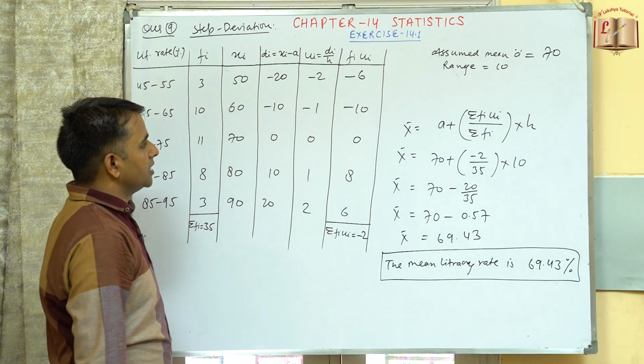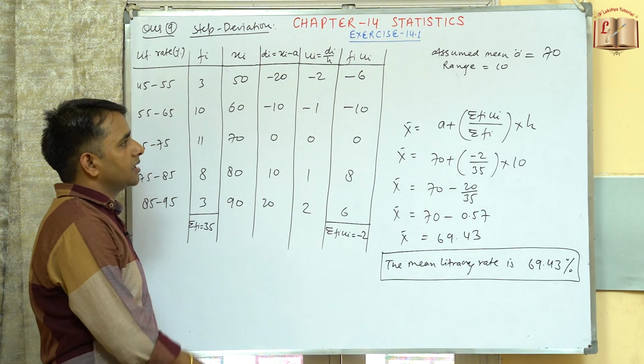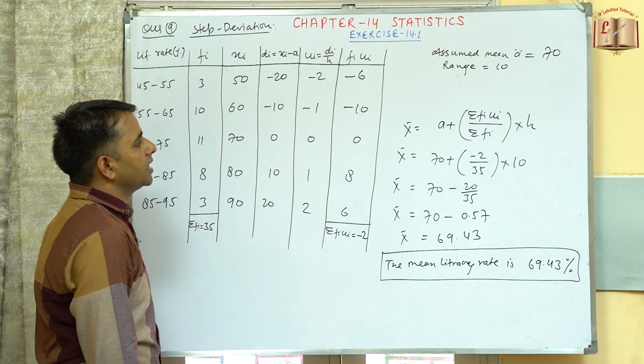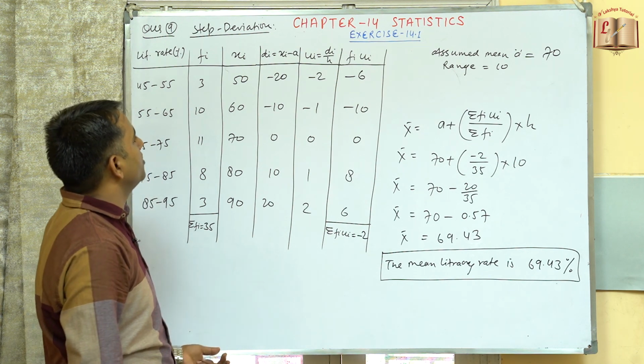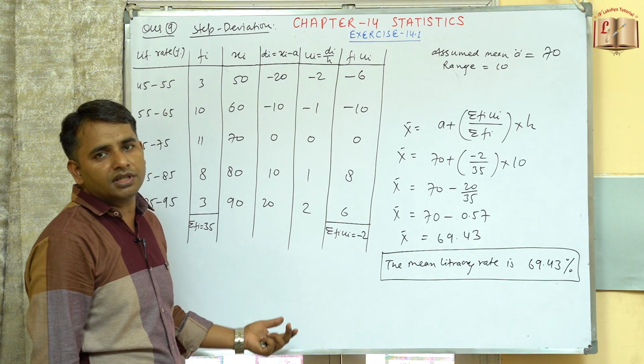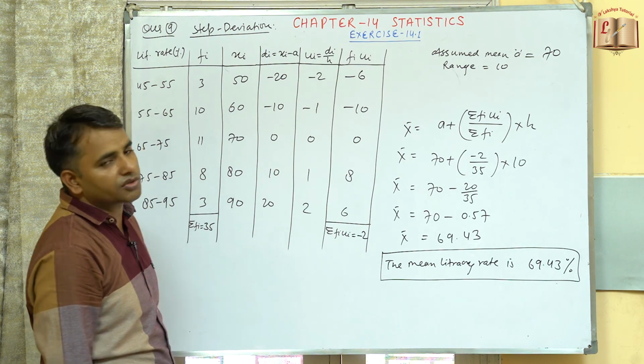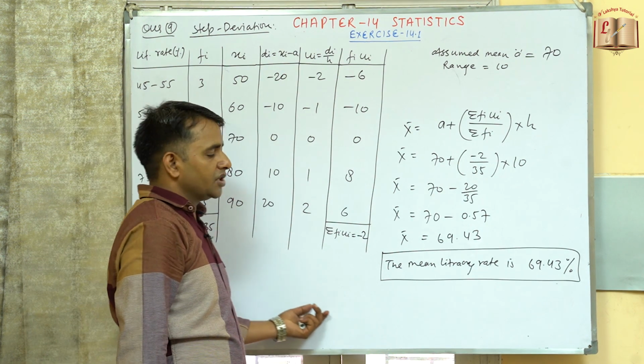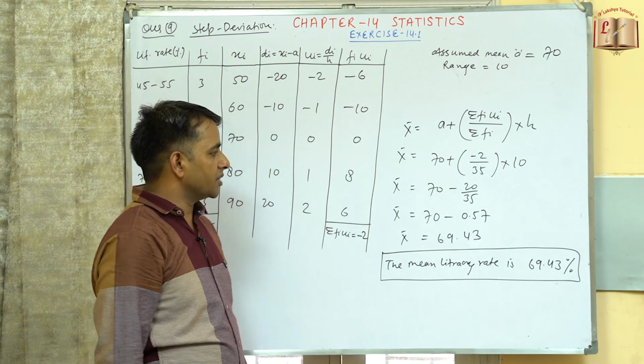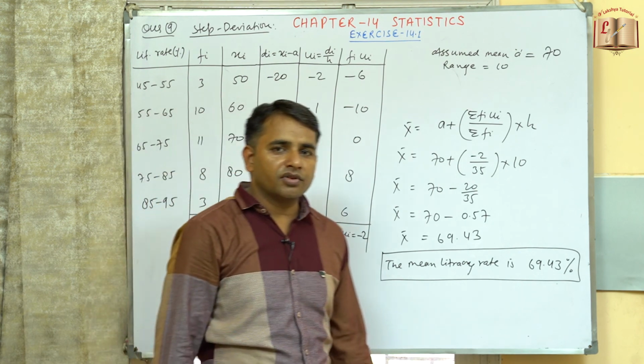So this is the mean literacy rate we got. We can calculate the mean by taking any method, whether it is assumed mean or step deviation. It depends on the data. If the data is big, we will go for step deviation, and if it is small, we can use the assumed mean or the direct method. So we have completed our exercise 14.1.